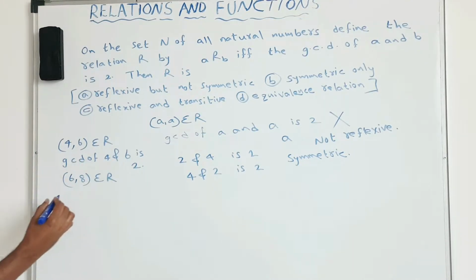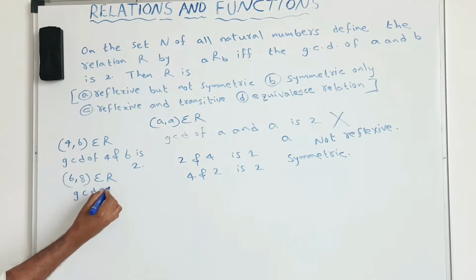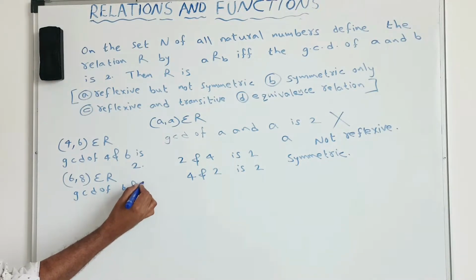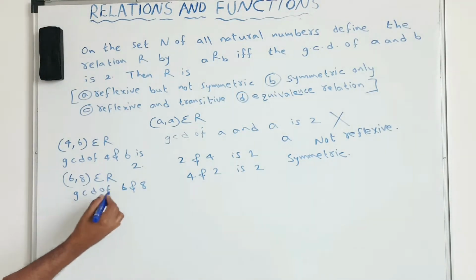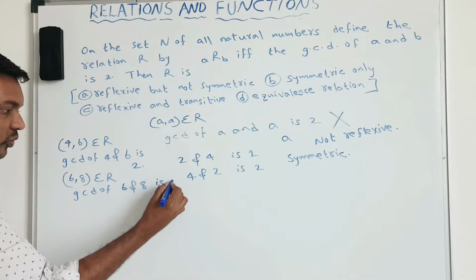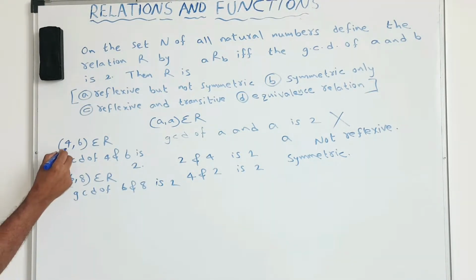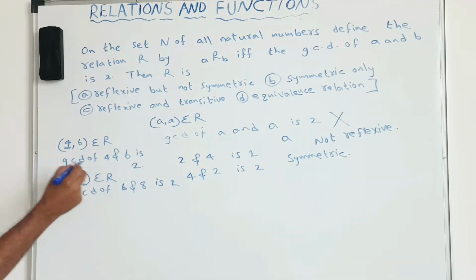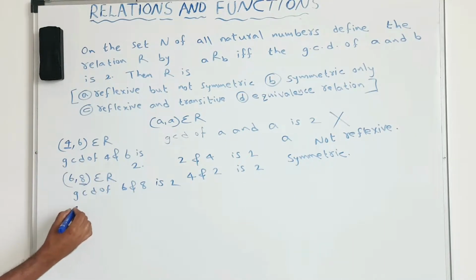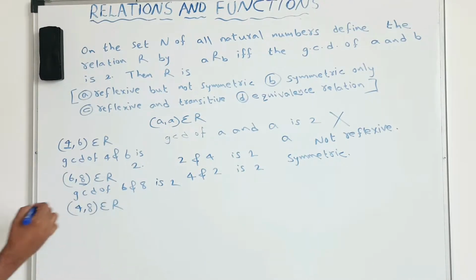The greatest common divisor of 6 and 8 is 2. Now check whether this 4 comma 8 is an element of R or not. If it is an element, it will be a transitive relation.